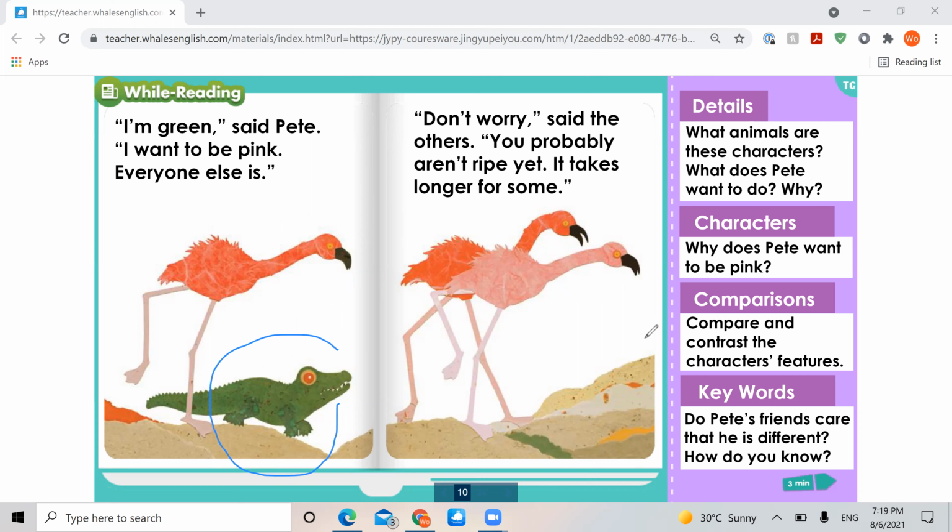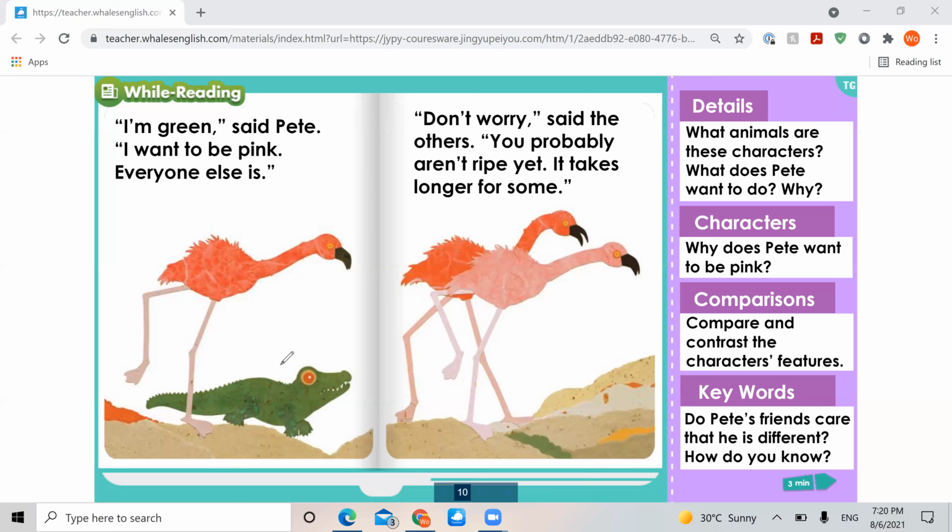What color is Pete? But what color does he want to be? Yes, he wants to be pink. Why do you think he wants to be pink? You're right. All his friends are pink.